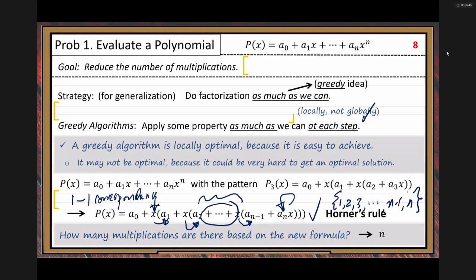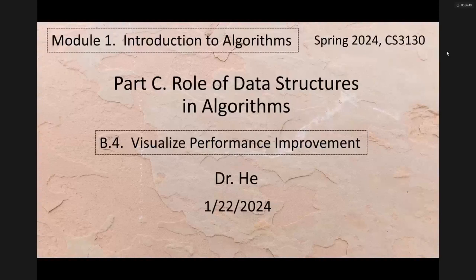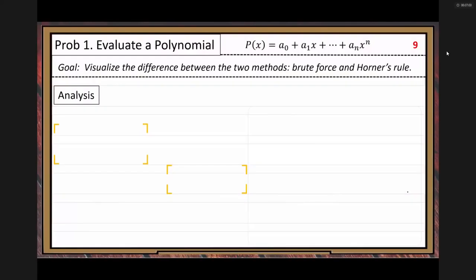So, 3.4, visualize performance improvement. I'd like you to feel the difference. How big is the difference? Feel about it. Let's look at the difference in formulas.